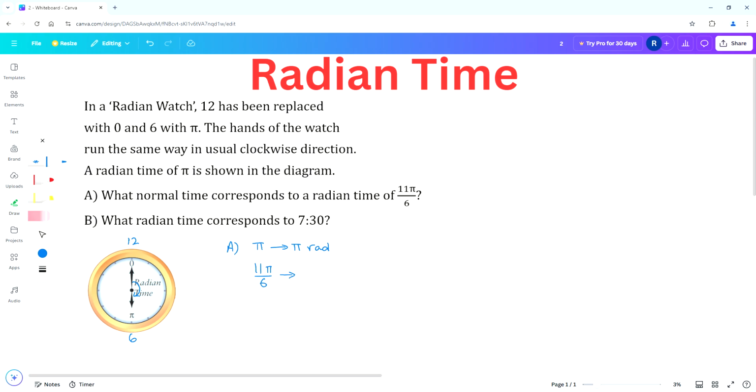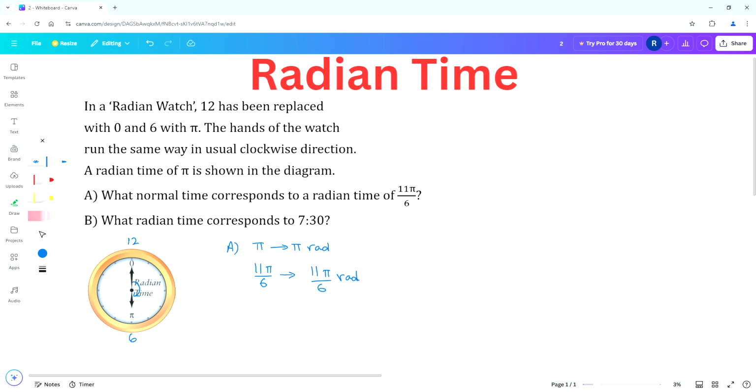So 11 pi over 6 time corresponds to 11 pi over 6 radians the hour hand has turned in the clockwise direction from the 0 position. We have to convert this radian angle into hours.